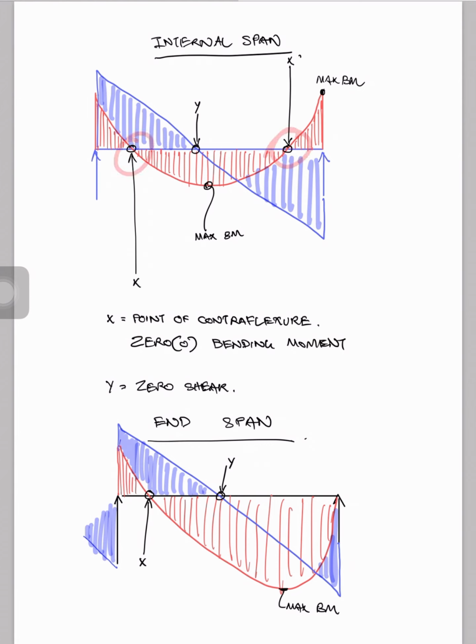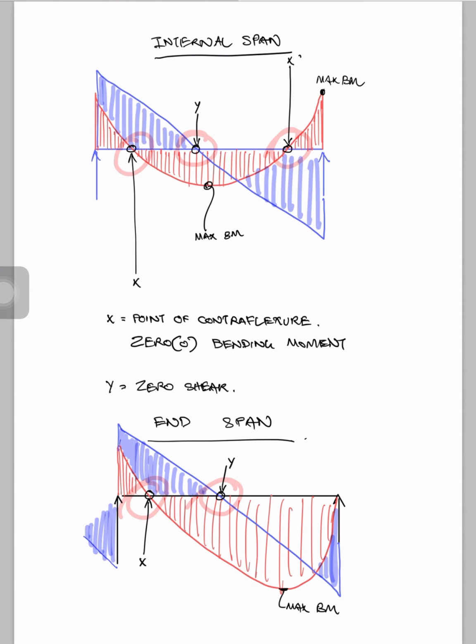So these are the points of contraflexure. That's where bending moment is 0. Now shear force is 0 at this point, which is y.